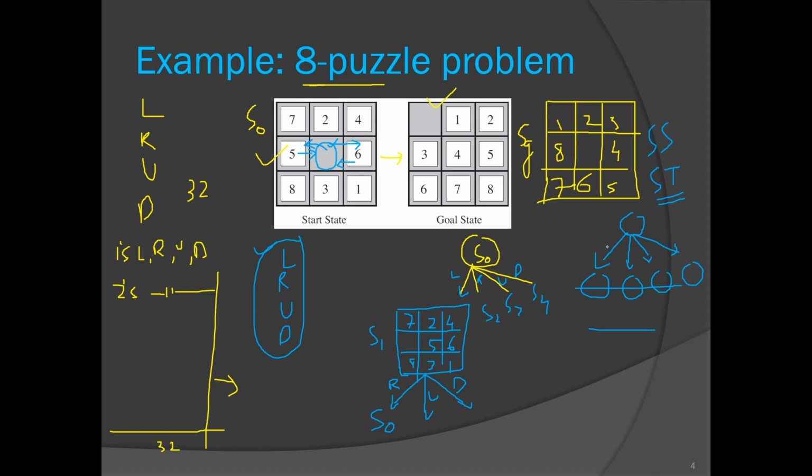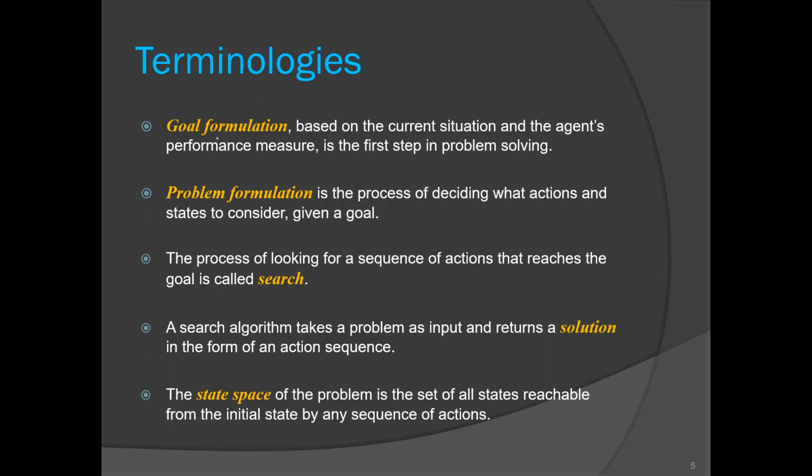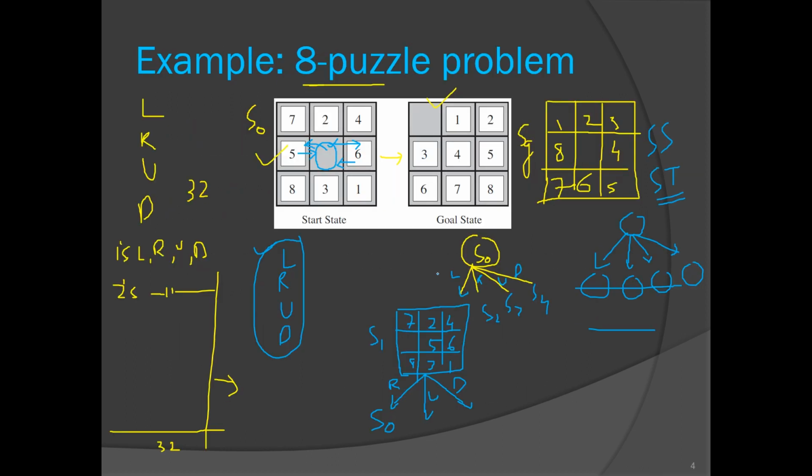So now let us try to understand different terminologies. The first one is goal formulation. When you formulate any goal in terms of a performance measure, what performance measure do we want here? Our agent should move to this goal state in a minimum number of moves, right? That is my performance measure.